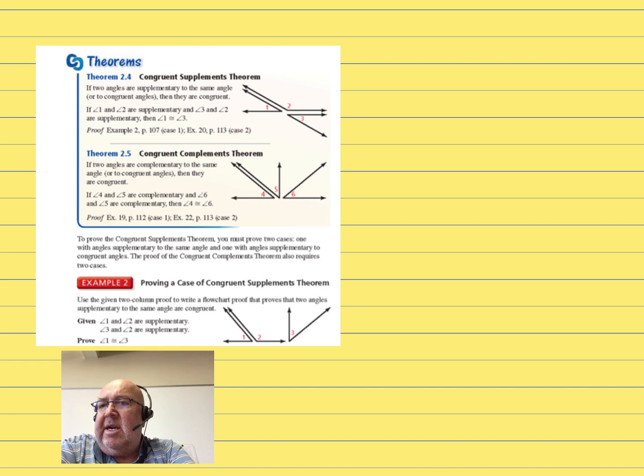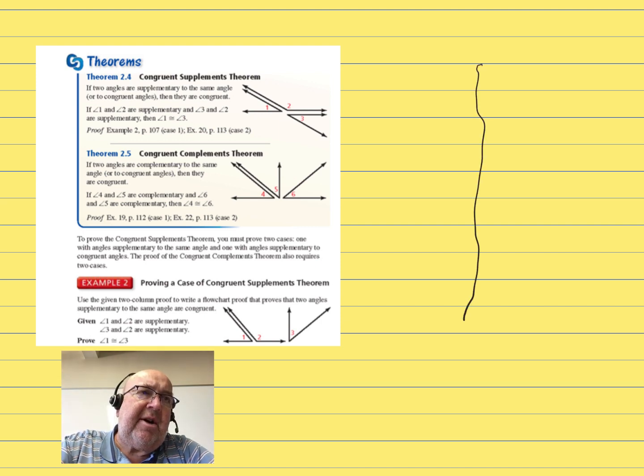Alright, the problem at the bottom is asking us to do proving a case of congruent supplements theorem. So we are given that 1 and 2 are supplementary and 2 and 3 are supplementary. I'm going to do this two column.